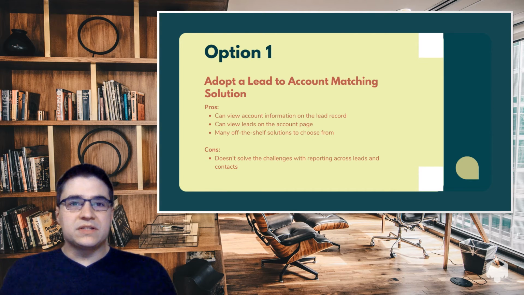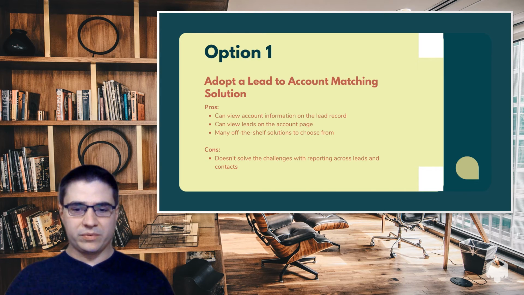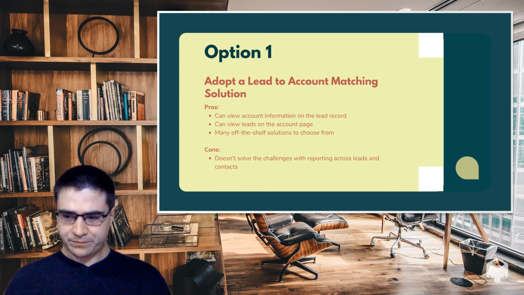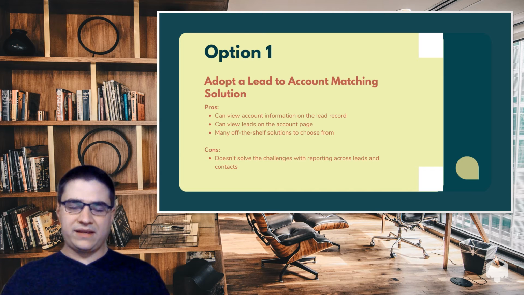So there's some pros with this approach. It does allow you to pull in account information via a formula field to the lead record, which is really nice because then you can put all of the company information in one place on the account and have both your leads and contacts always up to date with that accurate information, which is awesome. And then you can do the same thing on the account page. You can also have links back to any associated leads.